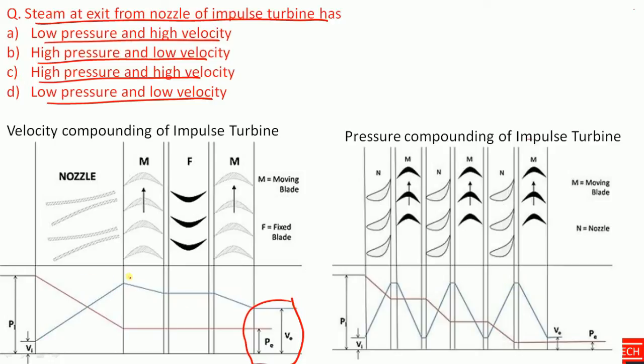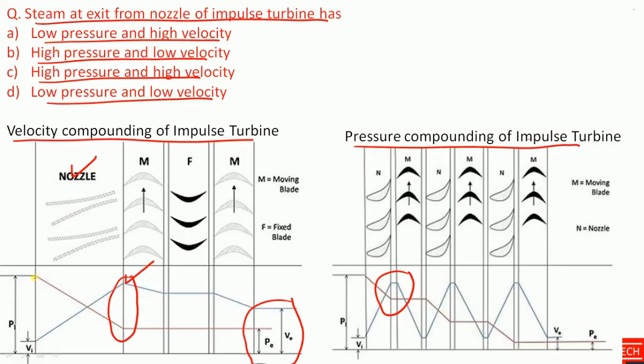Sorry, steam exit from the nozzle is here because the nozzle is here. When we see the velocity compounding of the impulse turbine, steam exits from the nozzle, and in pressure compounding of the impulse turbine, steam exits from the nozzle. So the first option is low pressure and high velocity.